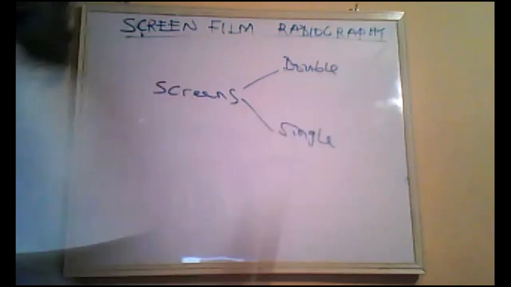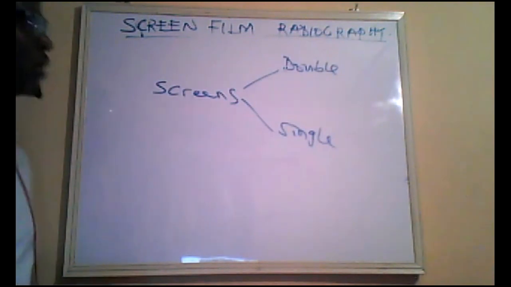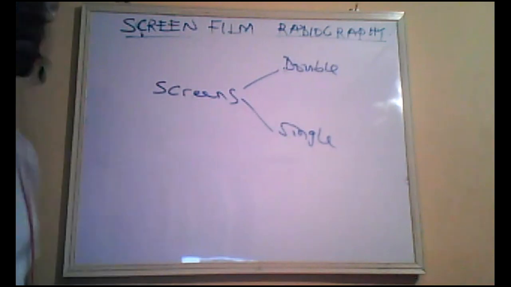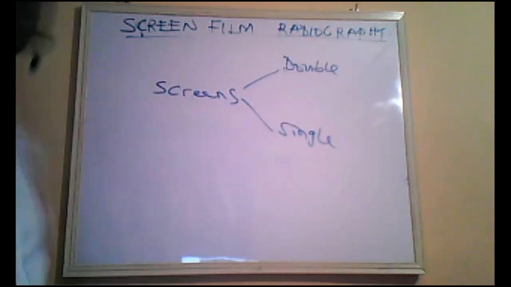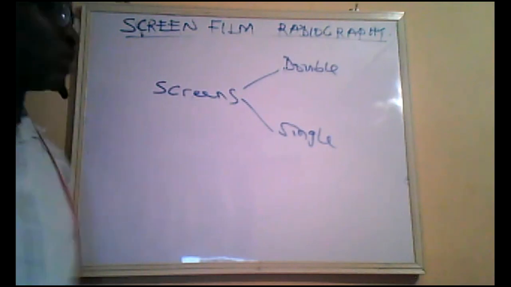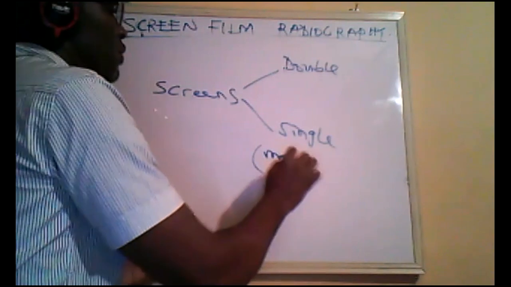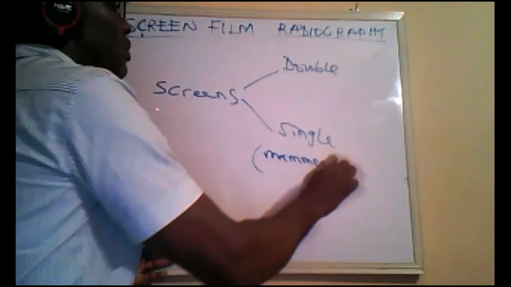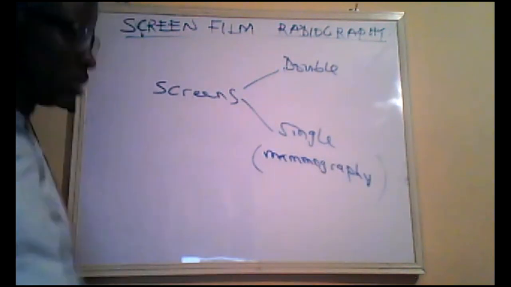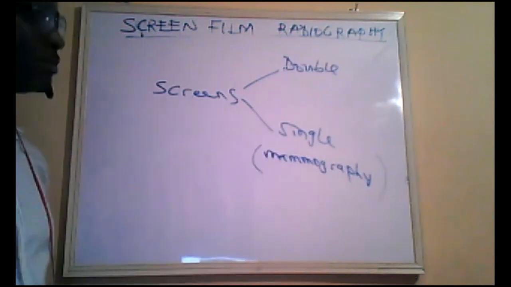Like I said, the ones that use double screens are for most general radiography, whereas the ones that use a single screen are the ones in which you want very good detail, especially in terms of spatial resolution. So in mammography, a screen film system in which the screen is single is usually the choice.